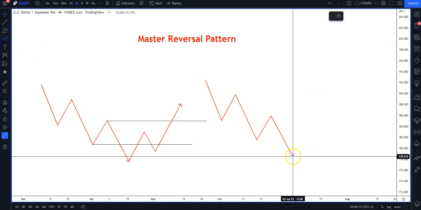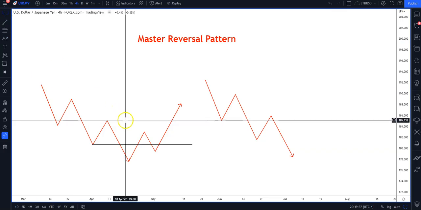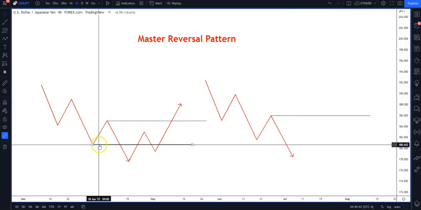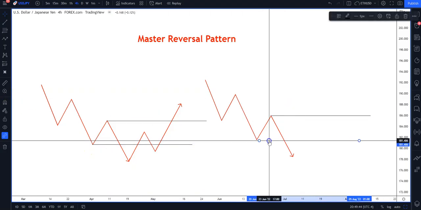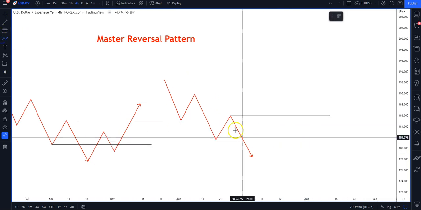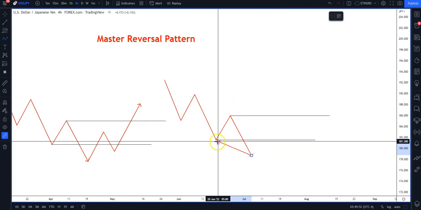But instead, we'll be looking at this. We want it to break the high.